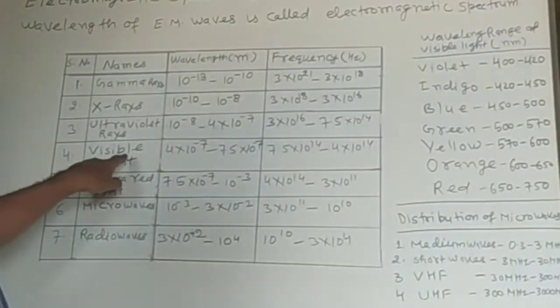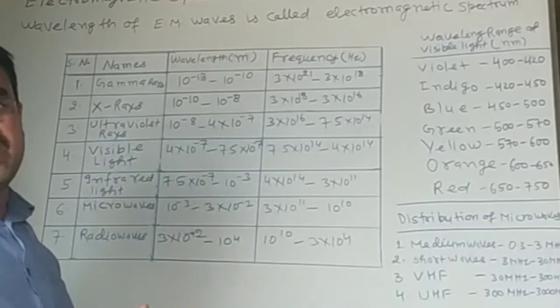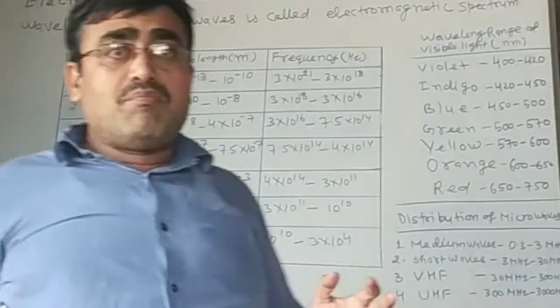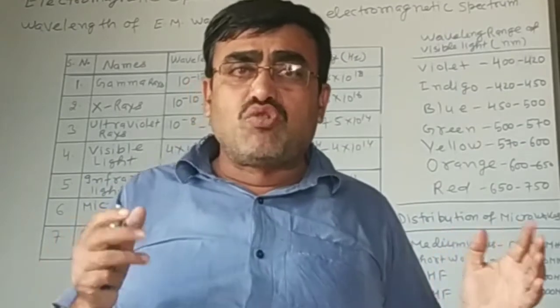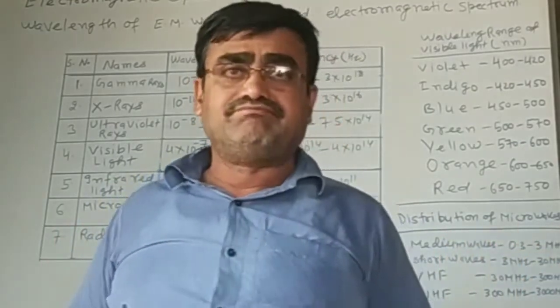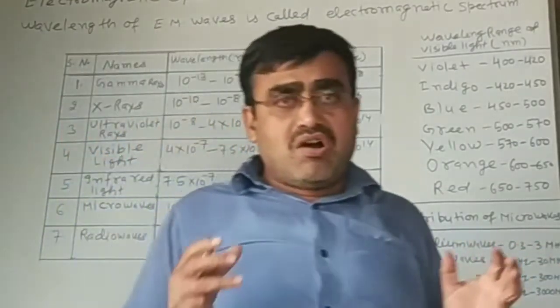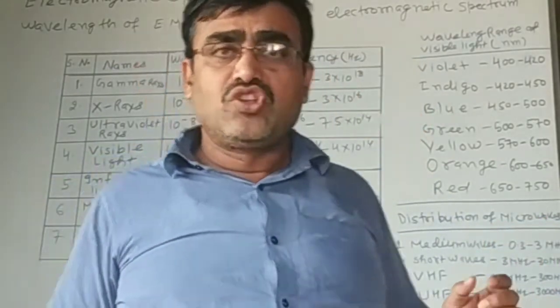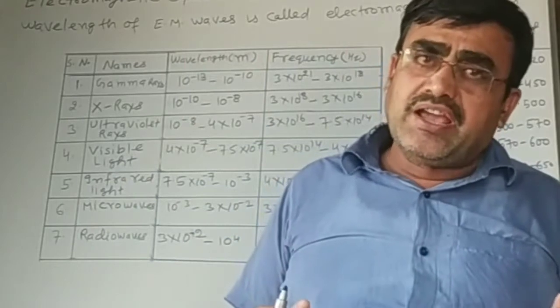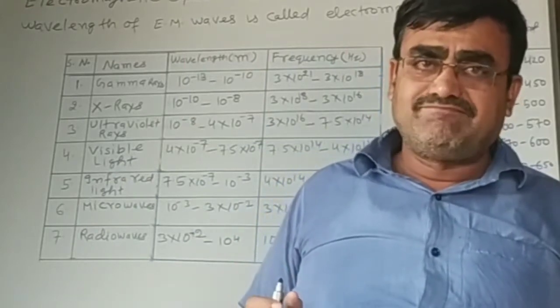Next one is visible light. Visible light is the most important part of our electromagnetic spectrum. Our eyes are sensitive to only visible light.